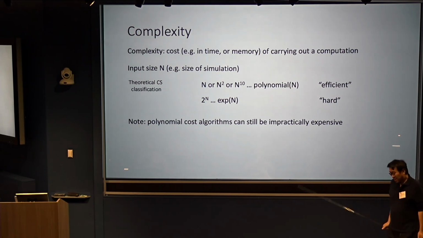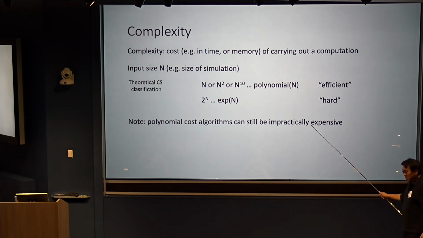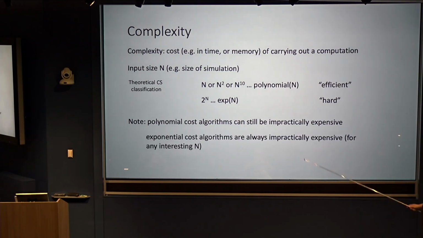But the usefulness of this distinction is that computer power itself has been growing over many, many decades. So if you have polynomial cost problems, then if you wait for some number of decades, there will eventually be something that you can run. But if you have an exponentially hard problem, then in essence, the growth in complexity of the problem will outstrip the growth in computing power, even over some period of time. And so they'll always be very hard to run. That's why this is a useful distinction.